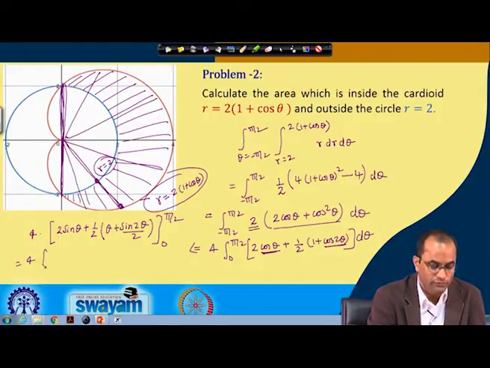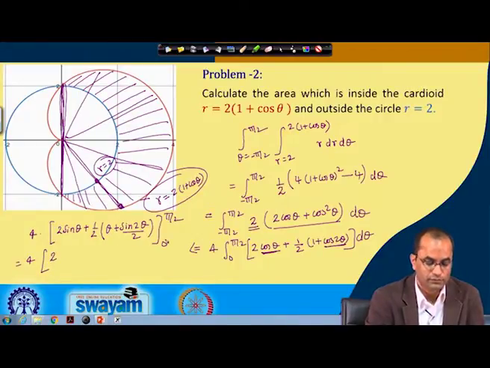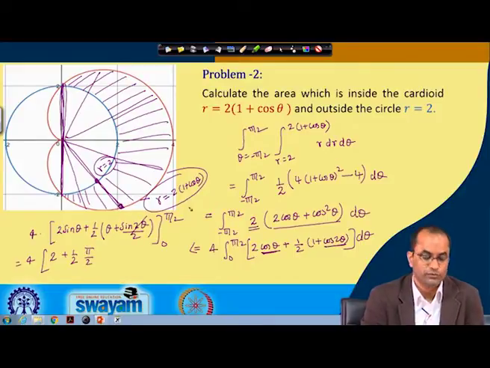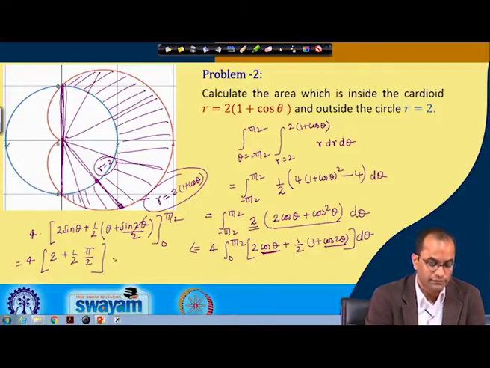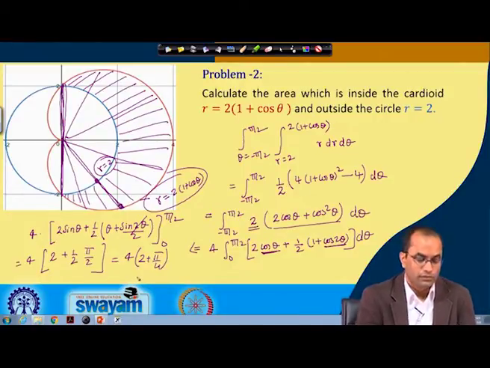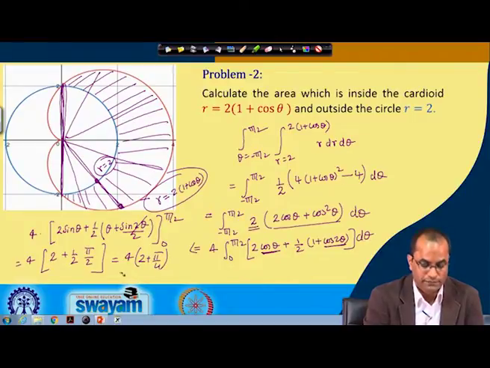So, this is 4 times 2, and sine pi by 2 will be 1, again sine 0 will be 0. Here we have half theta, which will give us pi by 2, and then sine pi minus sine 0 is 0. So, in either case this will be 0 when we put the limit. So, we have here 4 times 2 plus pi by 4, or pi plus 8.